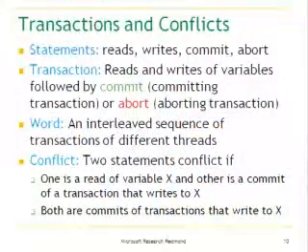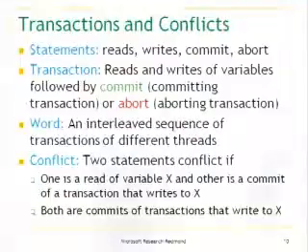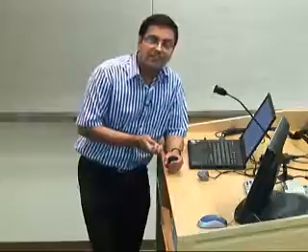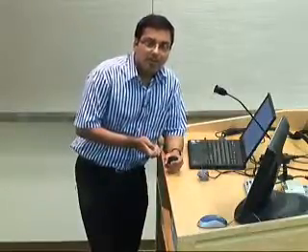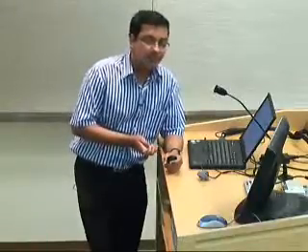So what are transactions? They are a sequence of statements which can be reads, writes, commit, or abort. Generally a transaction would be reads and writes followed by a commit or an abort. And a word, as we call it, is an interleaved sequence of transactions from different threads.